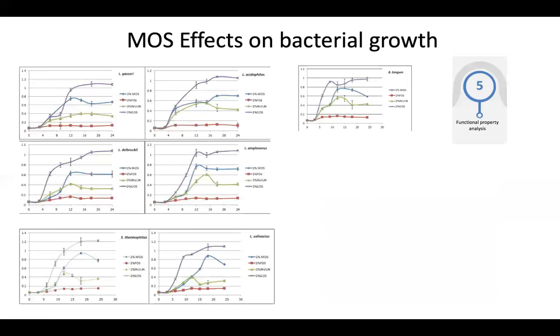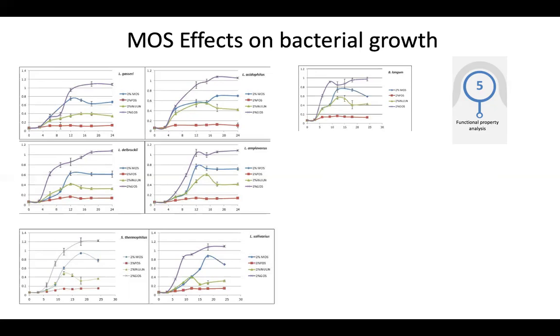All right, and I mentioned also that we produce mannooligosaccharides using the enzyme mannanase to degrade mannan into shorter mannan, which is mannooligosaccharide. We use the same techniques using this enzyme from both E. coli and also from Lactobacillus.